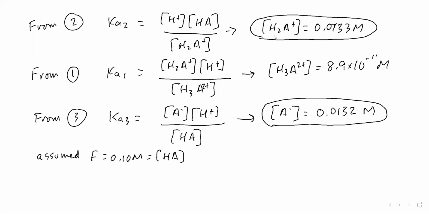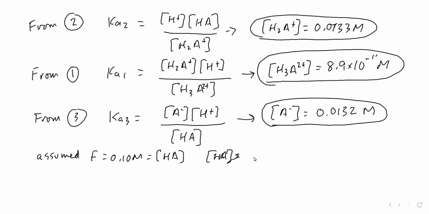So let's correct our assumption by taking the concentrations of all 3 of the forms that are not HA and subtracting them from the formal concentration, and we'll get the HA concentration.